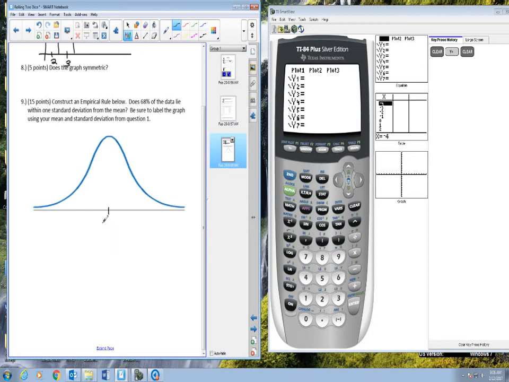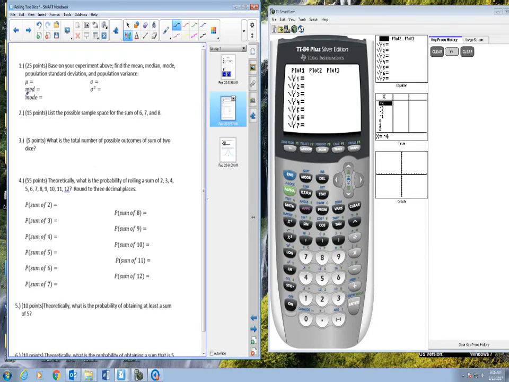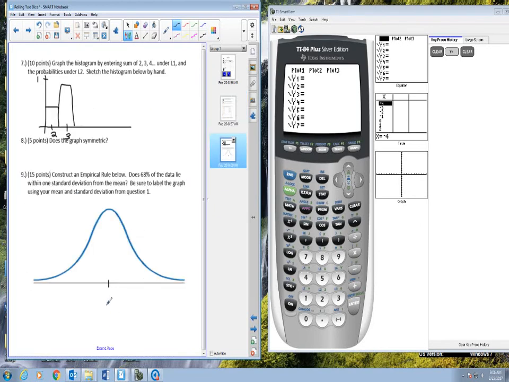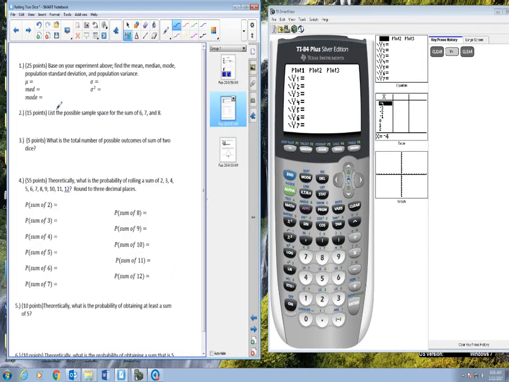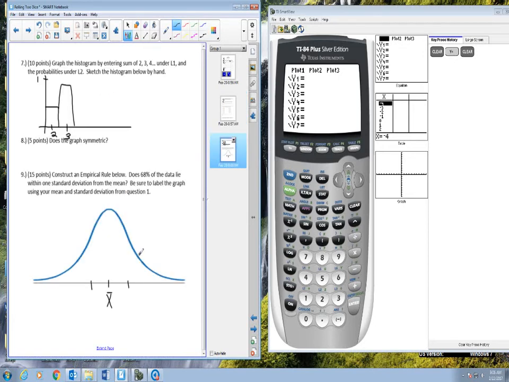Put your sample mean from number 1 here, and then use your standard deviation. Go to the right one, go to the left one, because that would be 68% of your data.